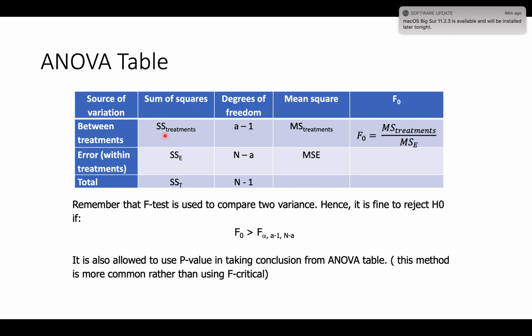If we divide the sum of squares of treatment by A minus 1, we get the mean square of treatment. The variation within treatments is called the error, and the sum of squares is the sum of squares of error. The degrees of freedom is N minus A, where capital N is the total number of observations. The mean square is MS error.